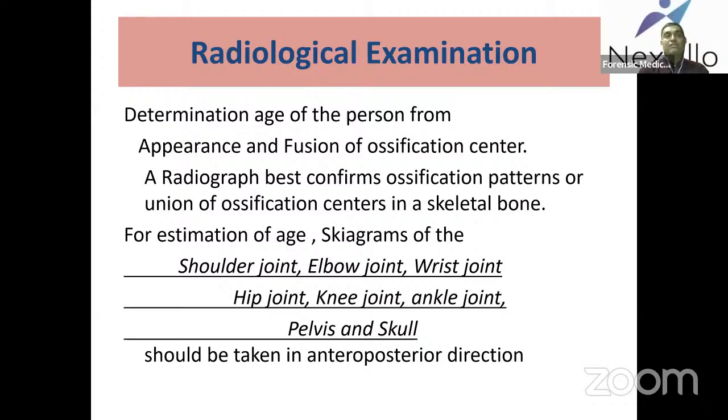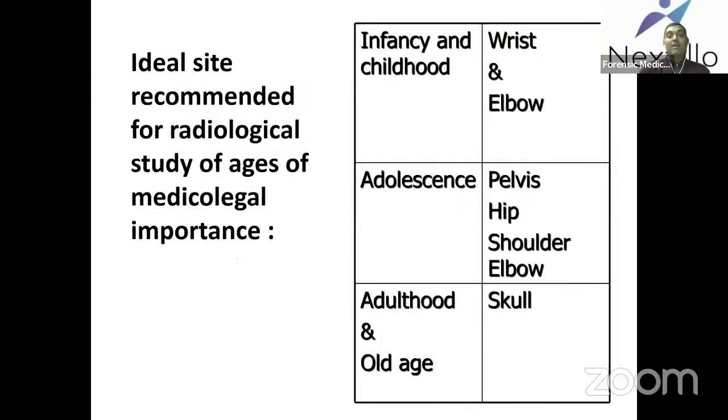That's why, friends, we have to understand at what ages the epiphysis and diaphysis of these joints fuse together, so that we have a better understanding that this age group requires this kind of skiagram or X-ray to be taken at that particular time. Like the ideal sites recommended for the radiological study of age of medicolegal importance.